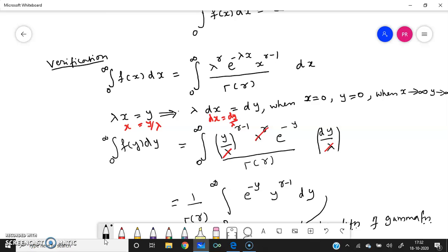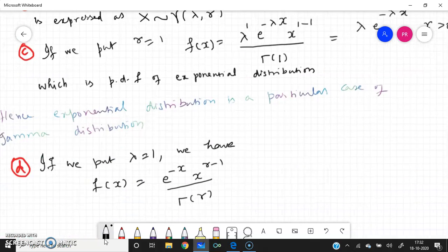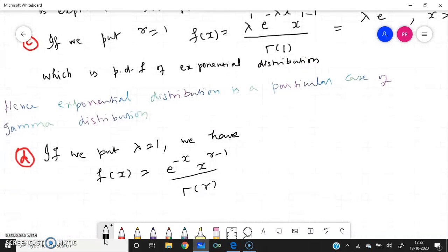X to the power of r minus 1. Here 1 to the power of r is 1, and e to the power of minus lambda x is e to the power of minus x. So f of x is e to the power of minus x, x to the power of r minus 1 over gamma of r, for x greater than 0 and r greater than 0.